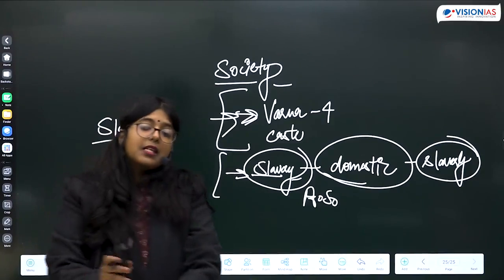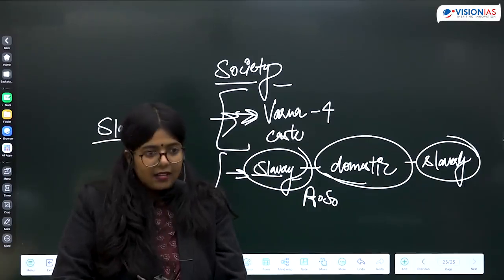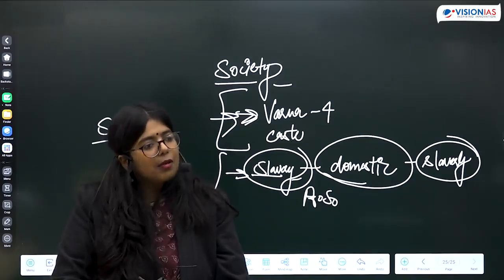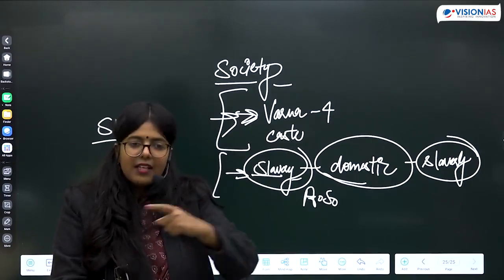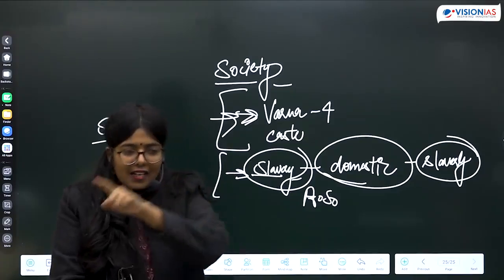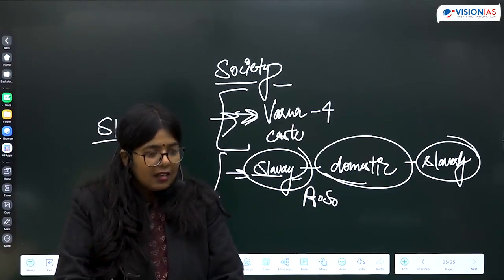Okay, a person can become a slave if they are in debt and they are not able to pay the debt. So they are working as a slave, they are paying that debt, and again they convert to the status of an Arya.